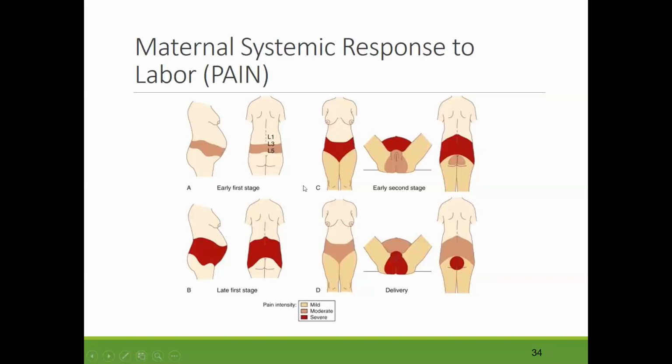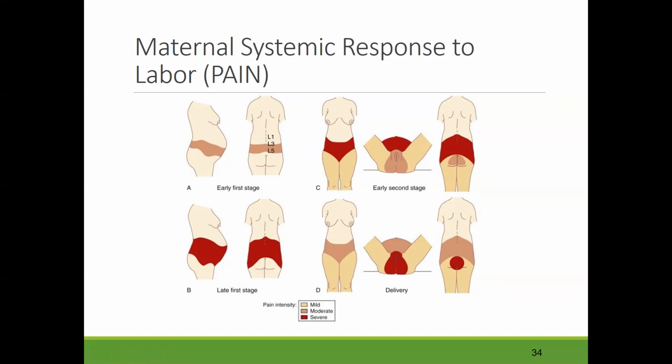So this is as mom dilates 0 to 3, 4 to 7 centimeters, and then 8 to 10, and then the actual delivery, the pushing, is where all the pain is located.